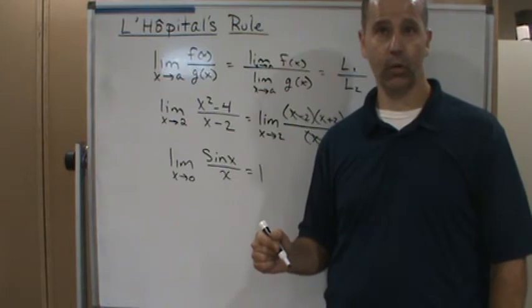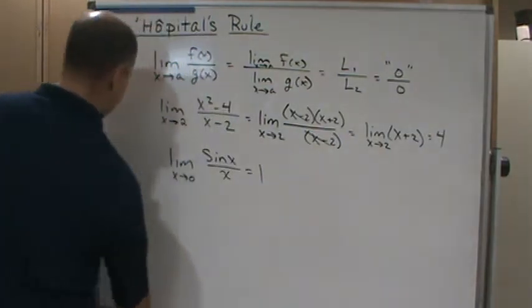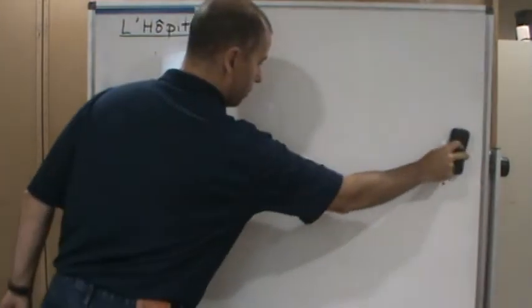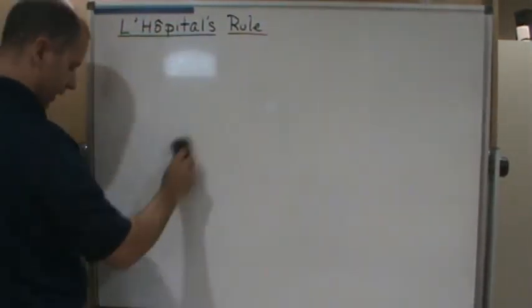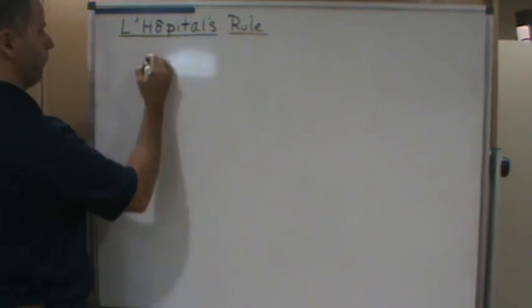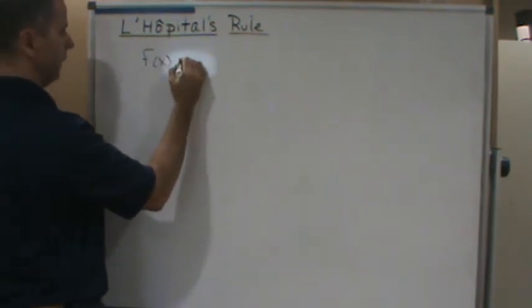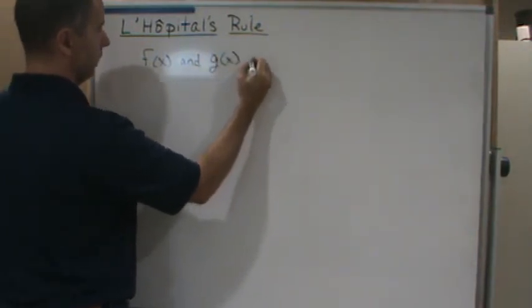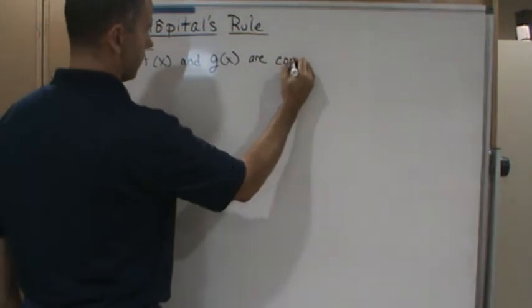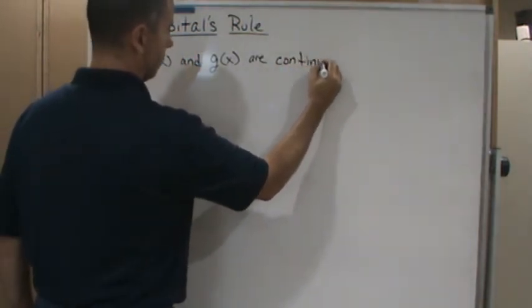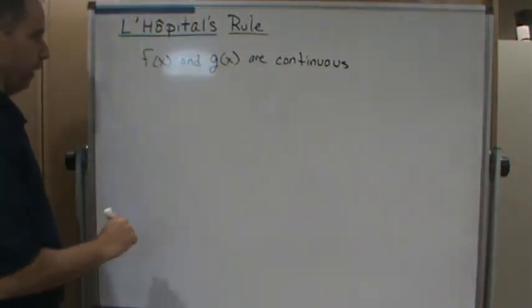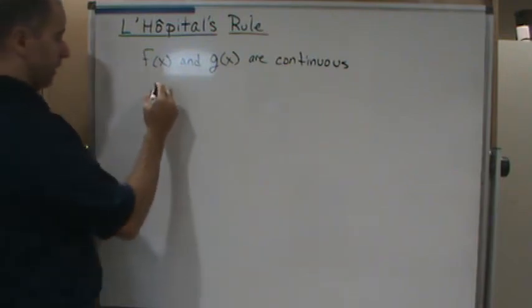Okay, so let me start with this. We can start with two continuous functions, f and g. If f and g are continuous functions, then we can approximate f and g.